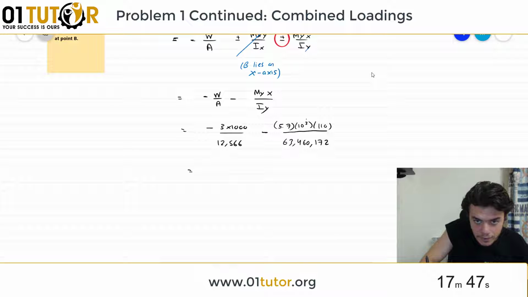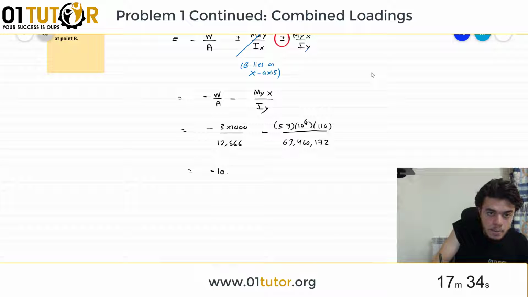So in here you have a 10 to the power 6, please change it. Because from kilonewton meter to Newton millimeter, you multiply by 10 to the power 6. So it's going to be a minus 10.19 megapascal. And therefore point B is under compression.